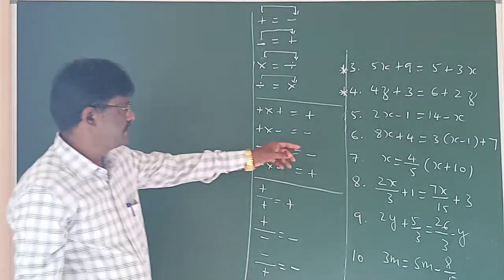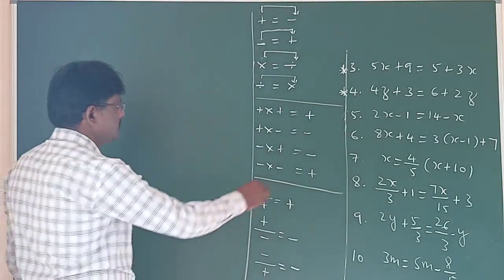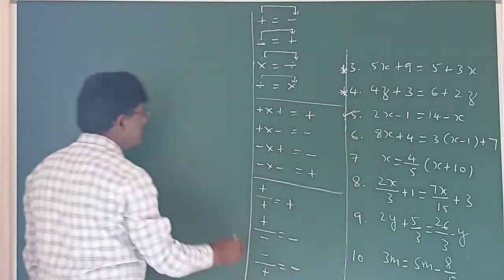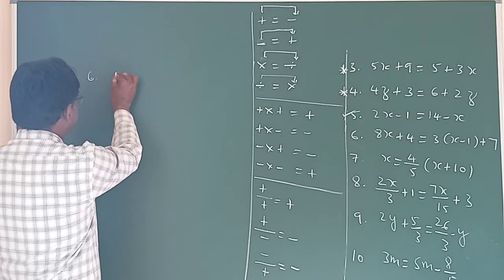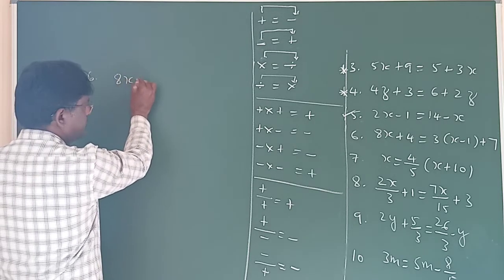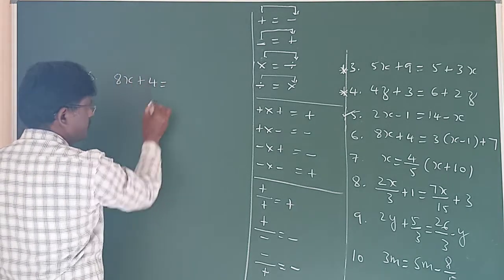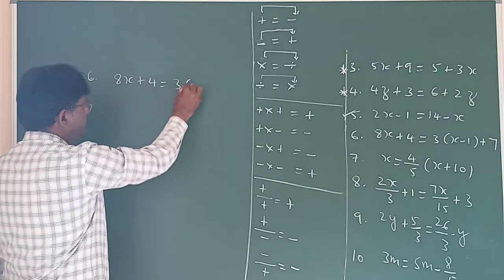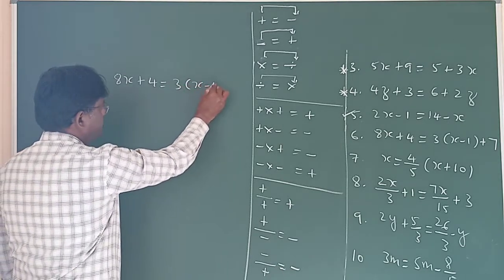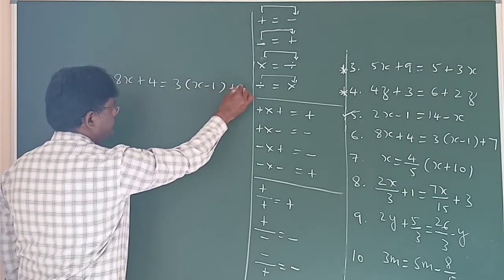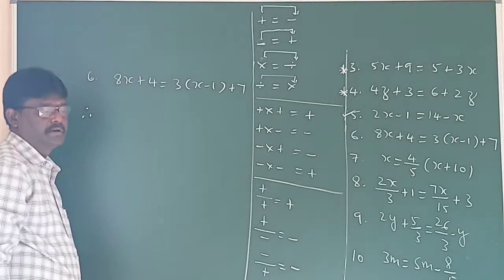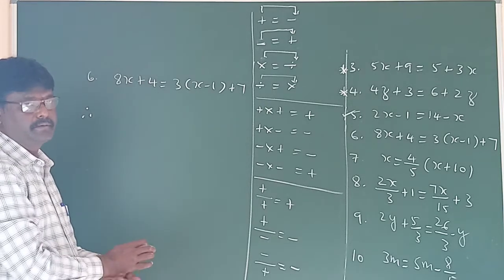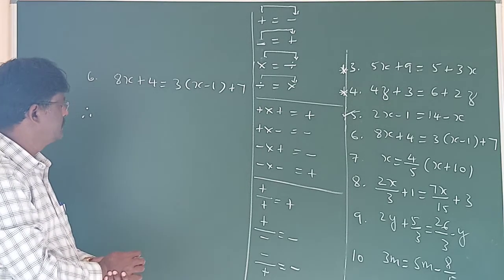Now we shall take the sixth one. This got over. Sixth one. 8x plus 4 equal to 3 into x minus 1 plus 7. Here keep one point in your mind, very important one.